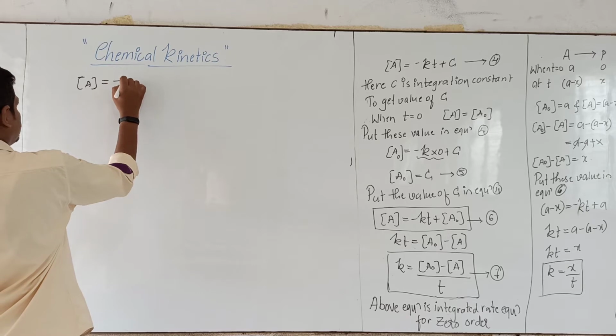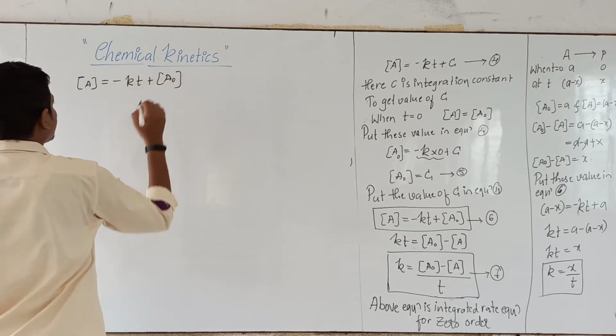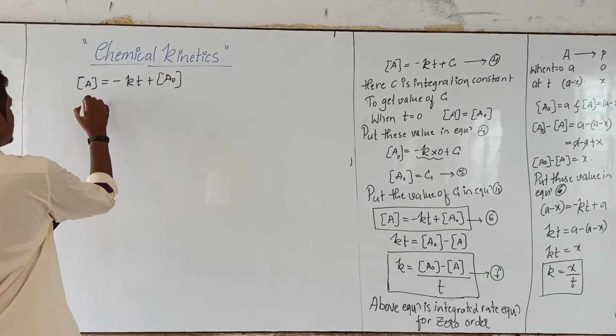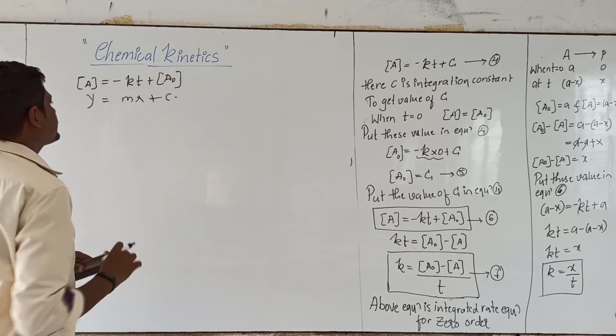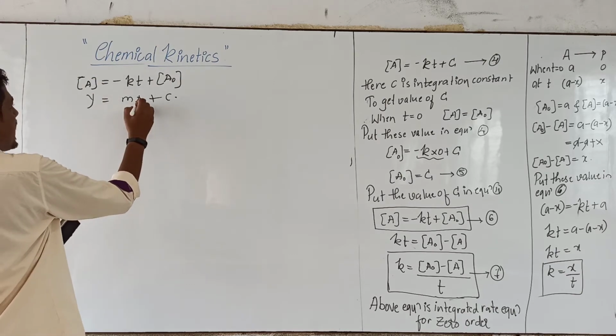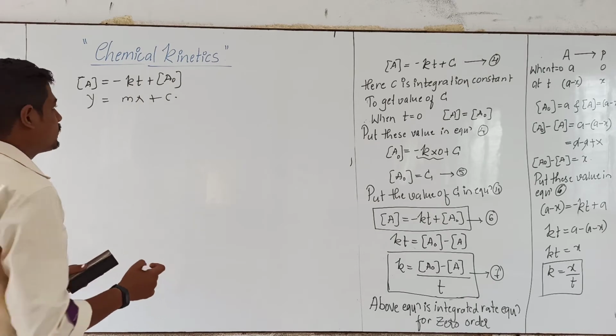A is equal to minus Kt plus A naught. This is what we have arranged. Now this equation is like y is equal to mx plus c. Concentration has to be plotted on the y-axis, and time on the x-axis. Let us see how we get the graph.